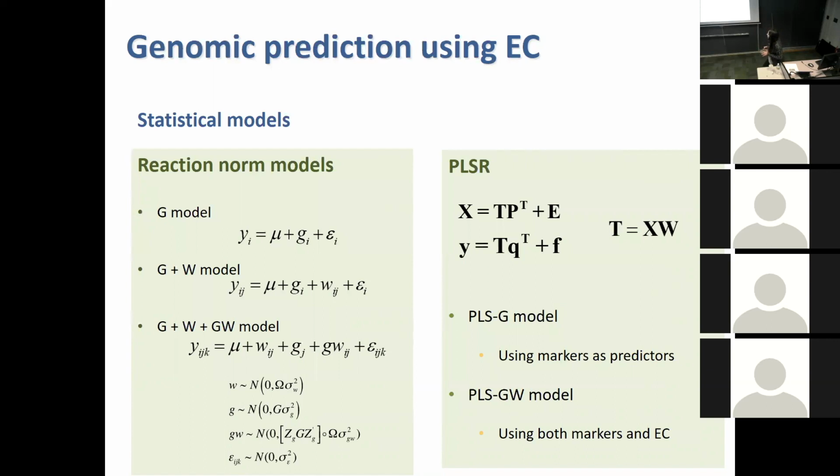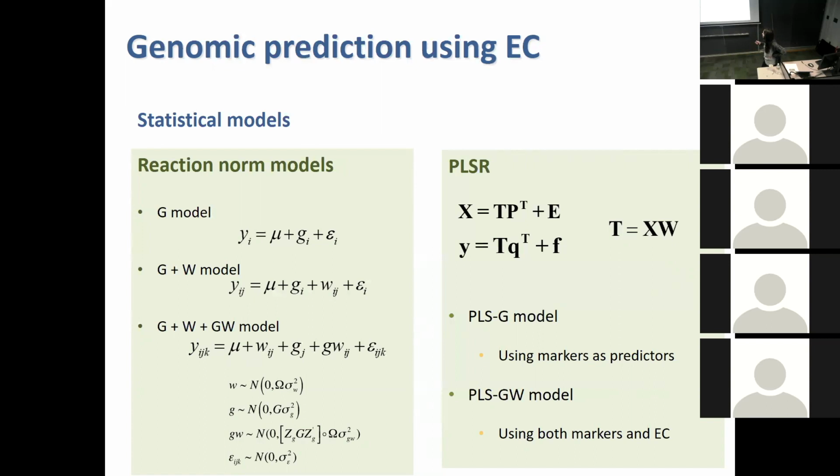And we tried to compare two main different types of statistical models here. On one side, the reaction norm models that were developed by Diego Jarquin, and the PLSR models, where PLSR stands for partial least squares regression. For the reaction norm models, we tried 3 different models: one that only models the genetic effects, which are random, so they were modeled using the covariance matrix between genotypes.